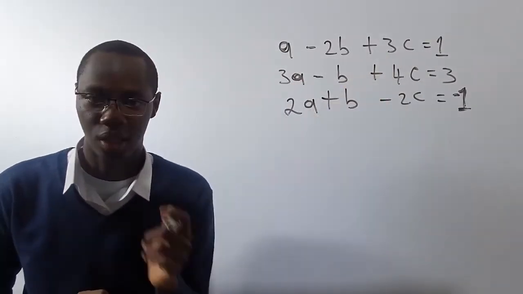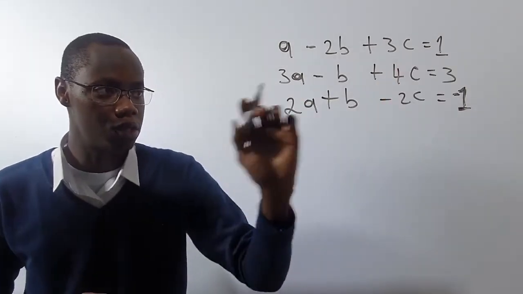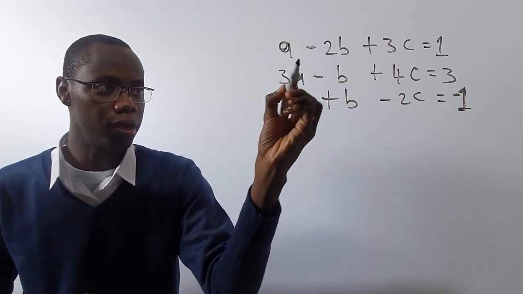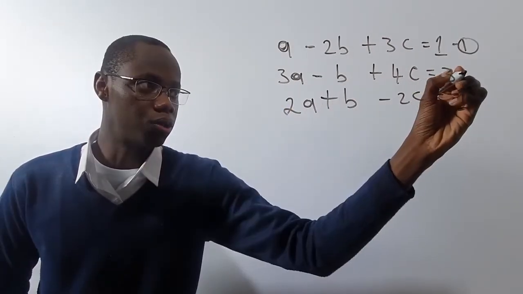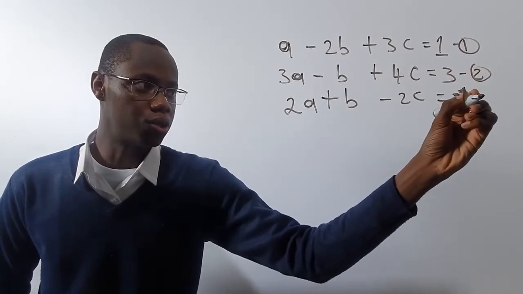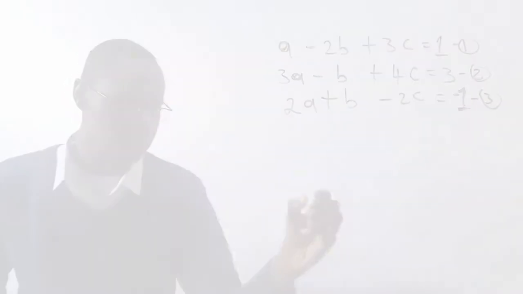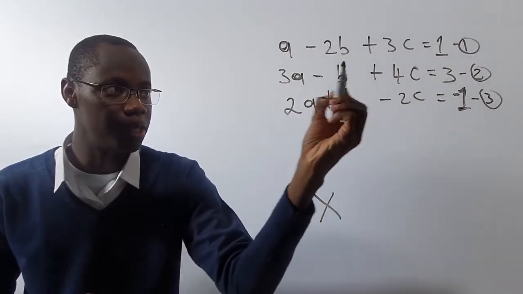Okay, now this is an example. Look very well. So we have equation 1, equation 2 and equation 3. A minus 2B plus 3C and the rest, equation 2 and equation 3. So now, what is the formula? The X, which is the unknown. Now we need to find A, B and C, right?